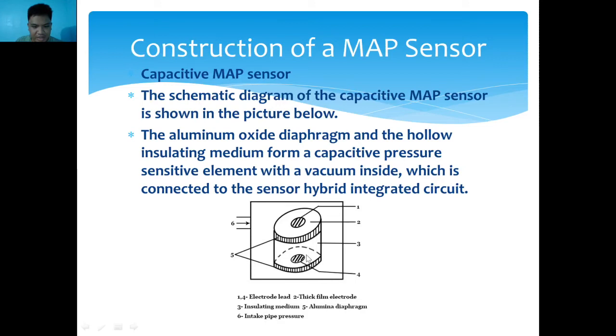There are two types of metals inside, the first one being the aluminum oxide diaphragm and the hollow insulating medium. So I believe this is like the Hall effect type of MAP sensor. You can pause the video to see each one of them.